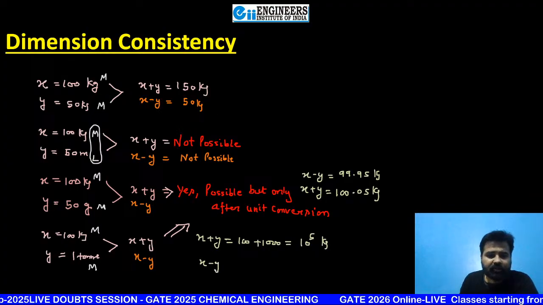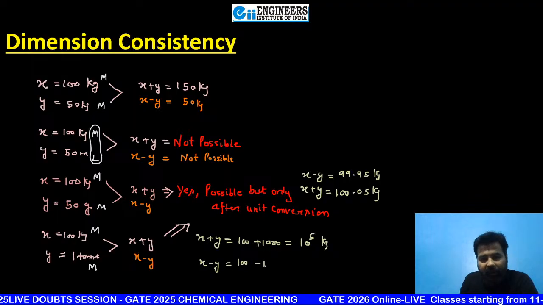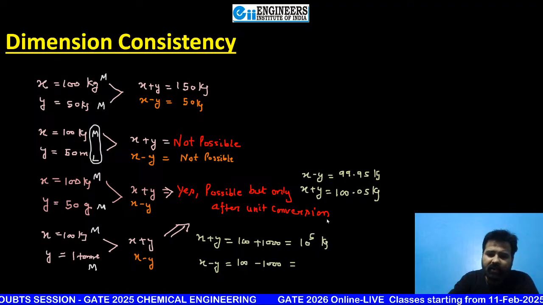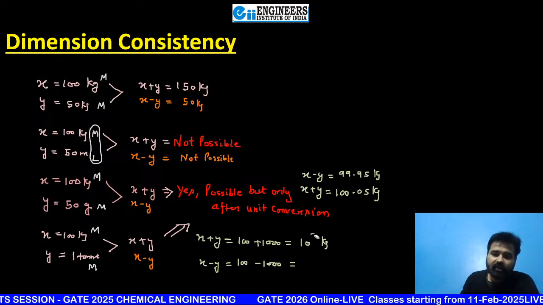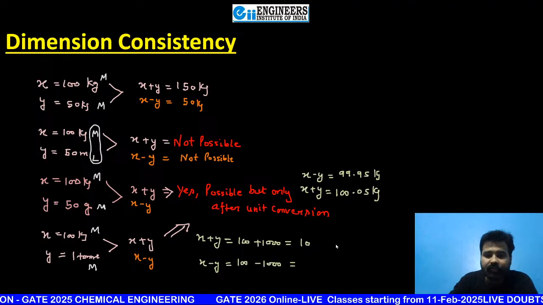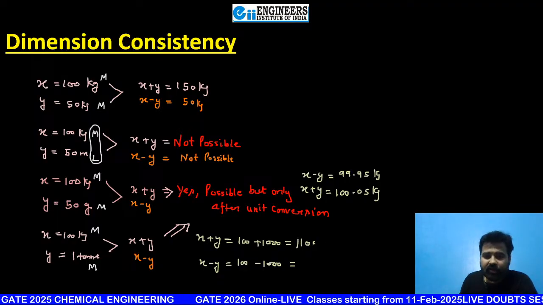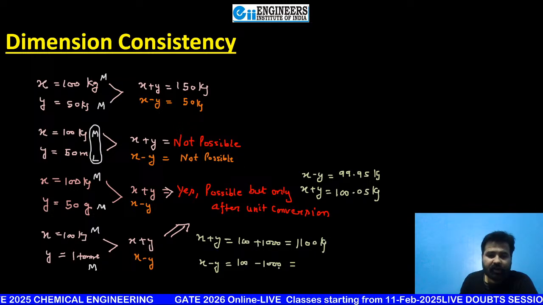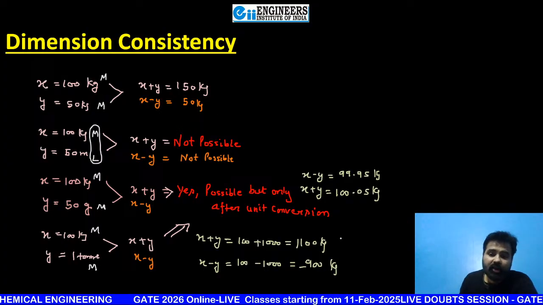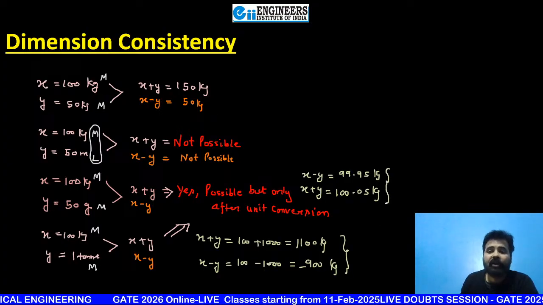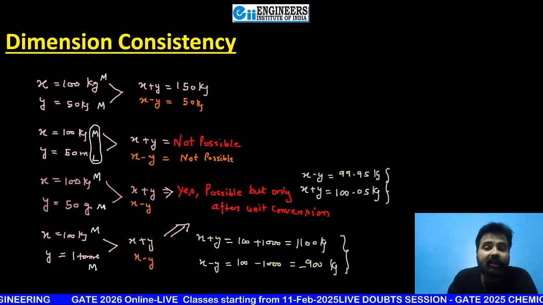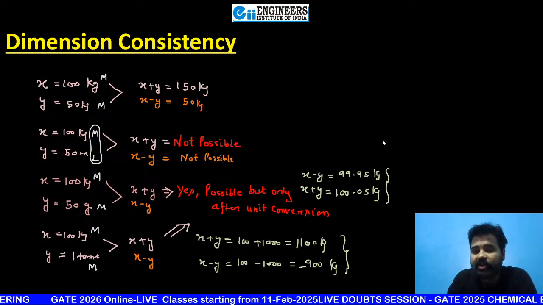If you want to write x minus y, that means 100 minus 1000, it will be minus 900 kilogram. So you can see it is possible, but only after conversion.